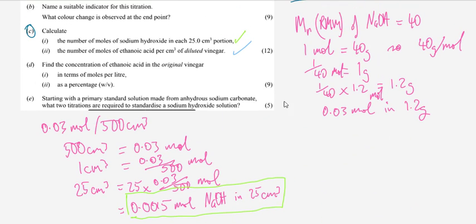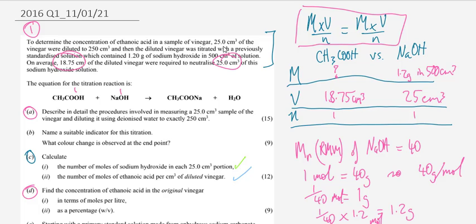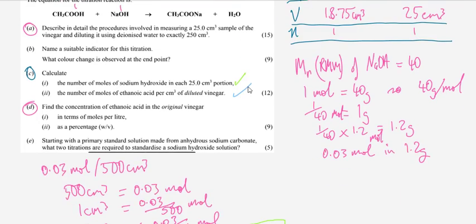Okay, next question is D. I want to find the concentration of ethanoic acid in the original vinegar solution in terms of moles per litre. So we'll need to visit up here to find out the dilution. It was 25 centimeters cubed originally, and it was made up to 250 centimeters cubed. So that's a 10-fold dilution.